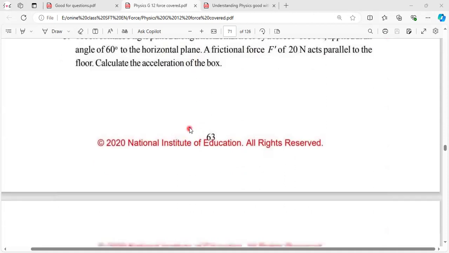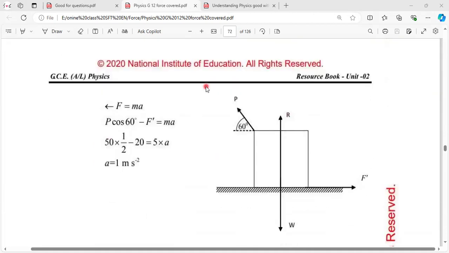These are also similar questions, right? In this case also they are asking for acceleration. There's a crate on the floor, there's a friction on this side, which means we are moving the object in this direction. However, it is not a horizontal force, it is an angled force like this, P. First of all, you have to convert this force into its horizontal component, and then you can apply F is equal to ma in this direction.